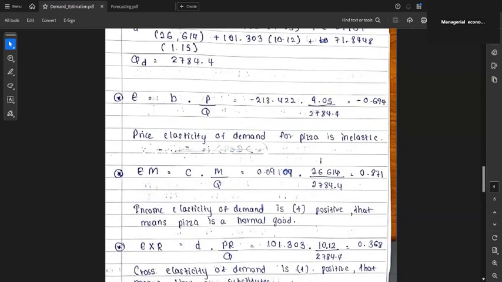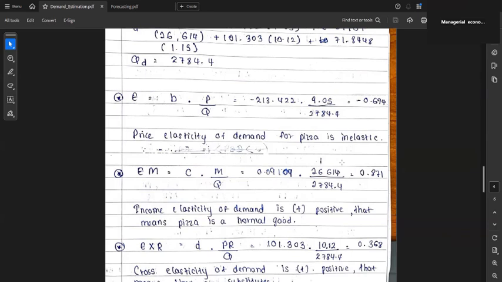Then we are going to calculate the elasticities. We have the price elasticity of demand, income elasticity of demand, and cross elasticity of demand. Price elasticity of demand is the responsiveness of quantity demanded to a percentage change in the price of the good. Income elasticity of demand is the responsiveness of quantity demanded of the good to a percentage change in the income of the consumer.